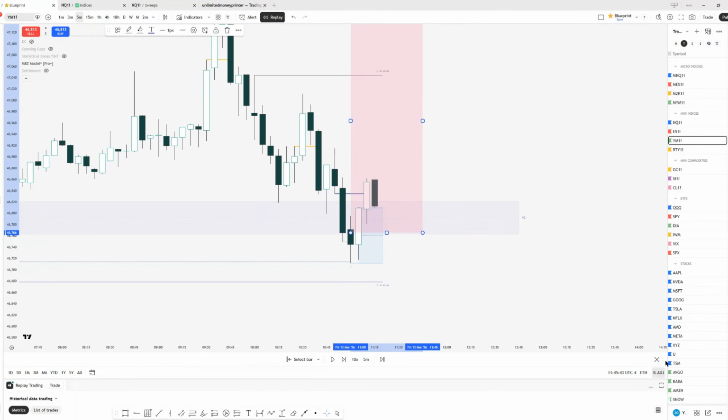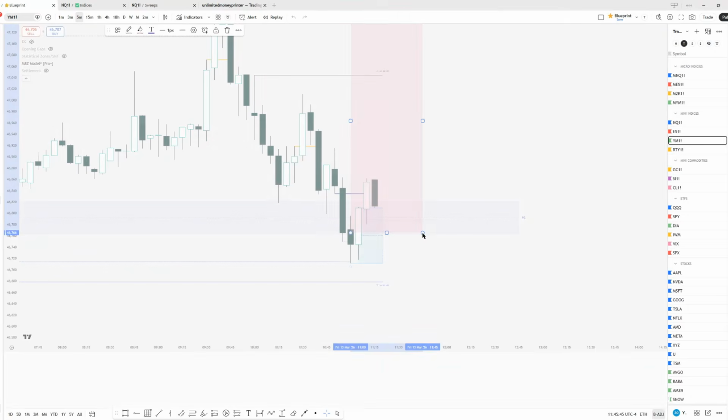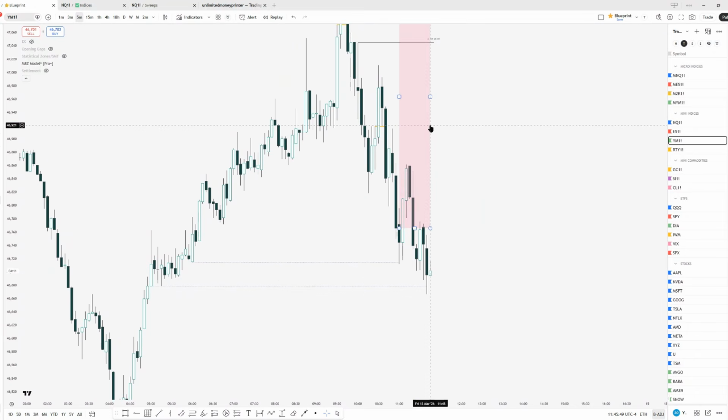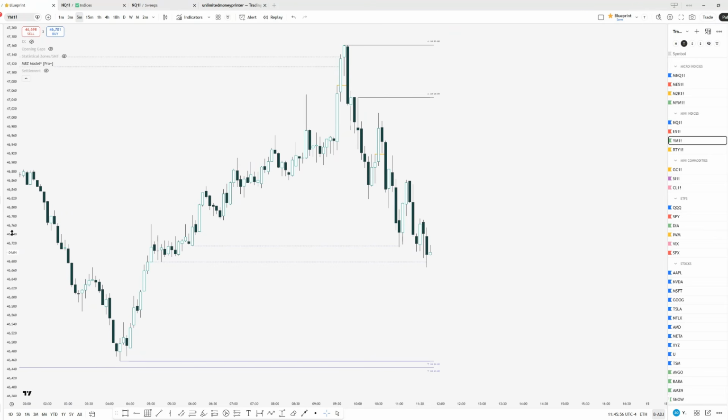Okay, so not only does it give you precise entries in the desired direction, but it also helps you avoid the incorrect entries. So I hope this brought a little insight into how to incorporate higher time frame MBZs properly into a lower time frame opportunity.